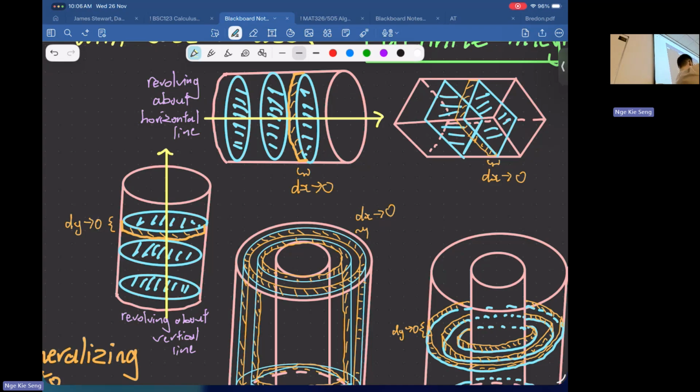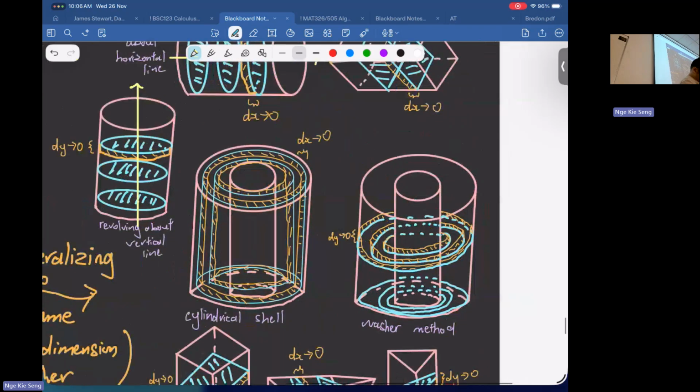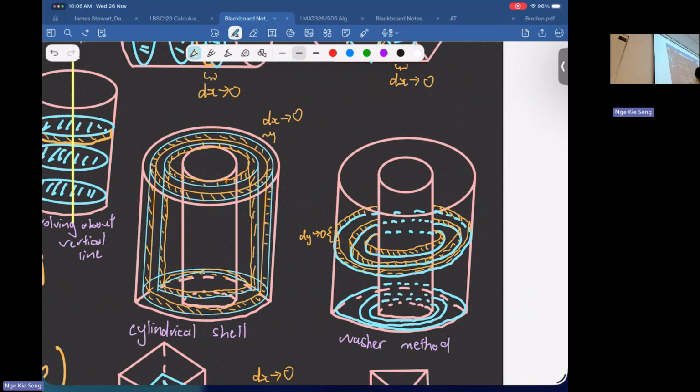You take the graph and then you revolve it. Last time we had the washer method: pi r out squared minus pi r in squared. Because you take the area of the outer circle minus the area of the inner circle, so you get rid of the middle part.